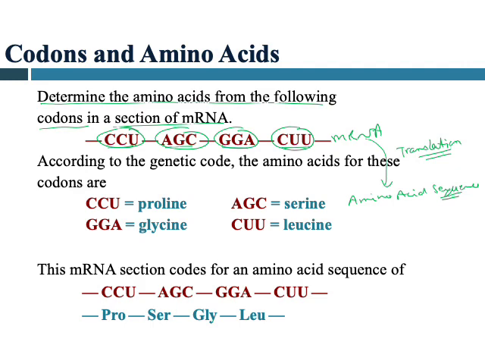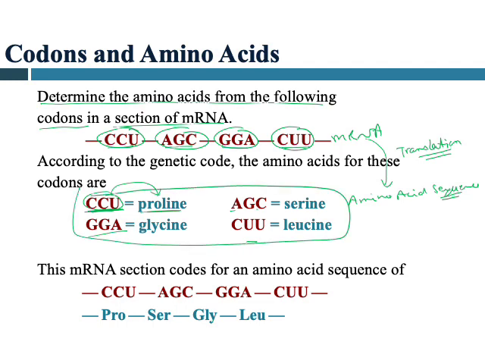The codon information is already given. If you have CCU, that means that particular sequence of bases codes for proline, right? And similarly you have all the other different base triplets. So let's use this information with your mRNA information.